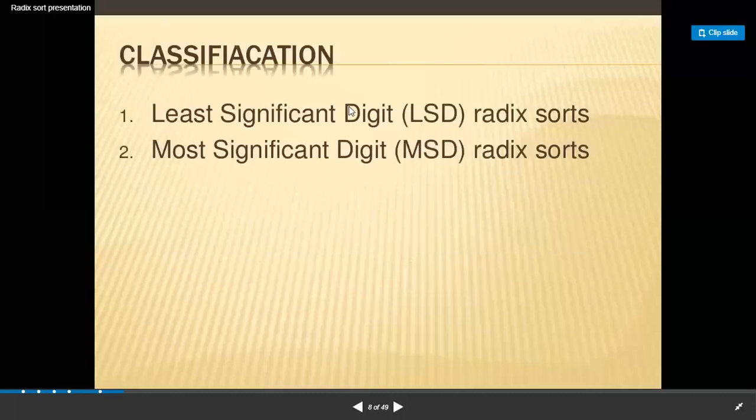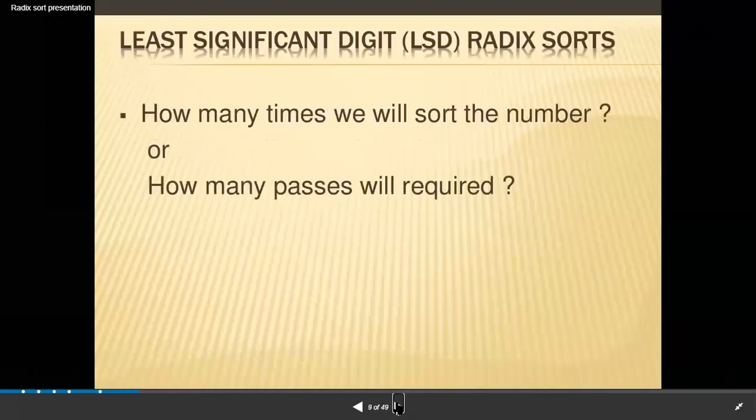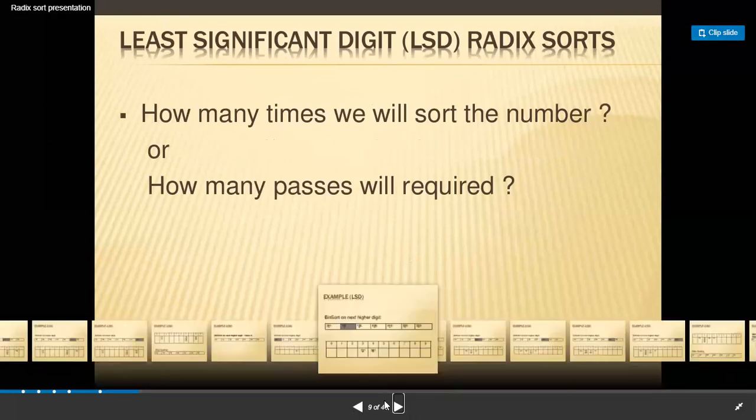Now there are two types of classification. One is LSD, least significant digit Radix Sort, and the other is MSD, most significant digit Radix Sort. We will see the example and you will understand the difference between these two. The first thing, if you are applying Radix Sort, is how many passes or iterations you need.